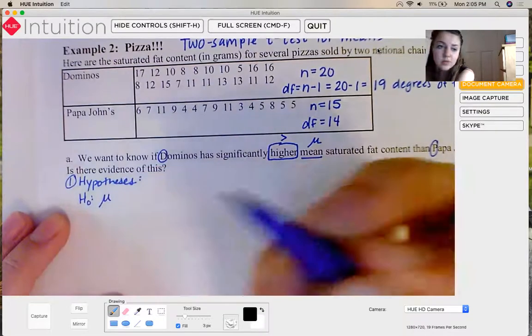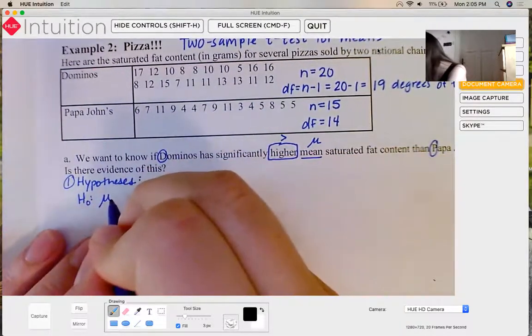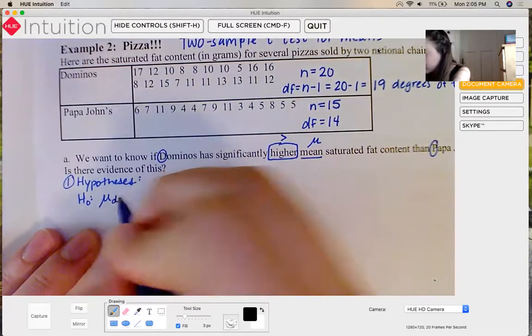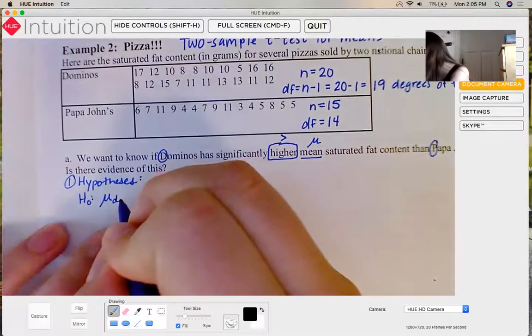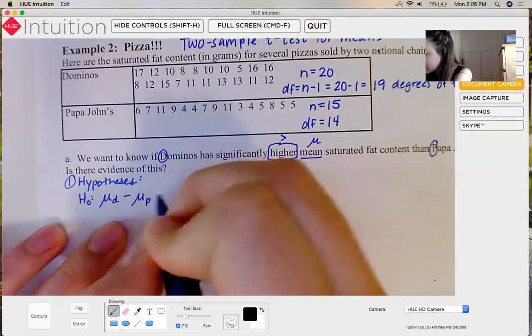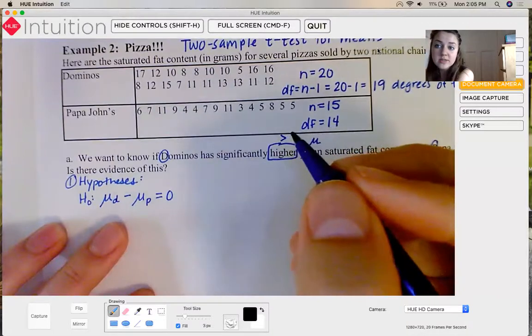So the null hypothesis always assumes that nothing is different. In other words, the null hypothesis says, so D for Domino's, the mean of the Domino's pizza's saturated fat content minus Papa John's is equal to 0. And I could write this out in words, of course.